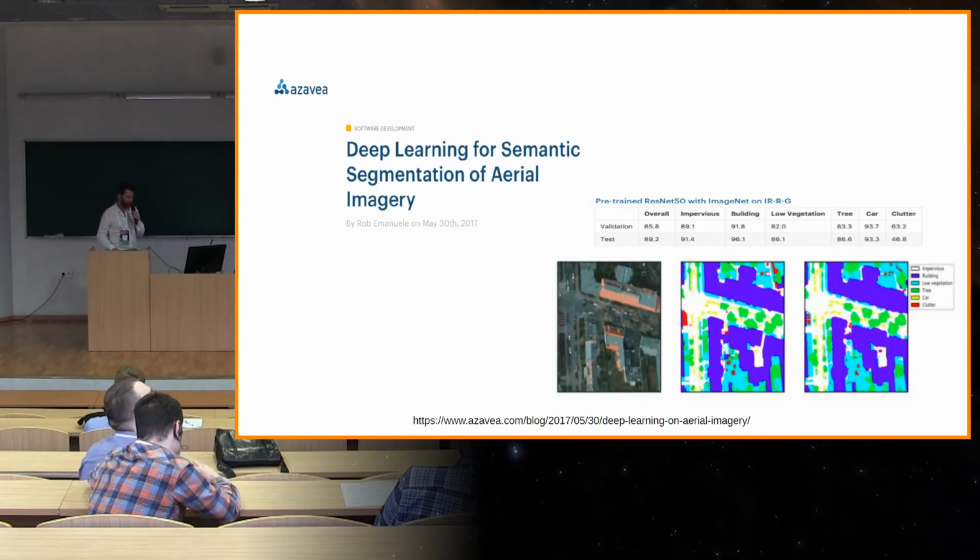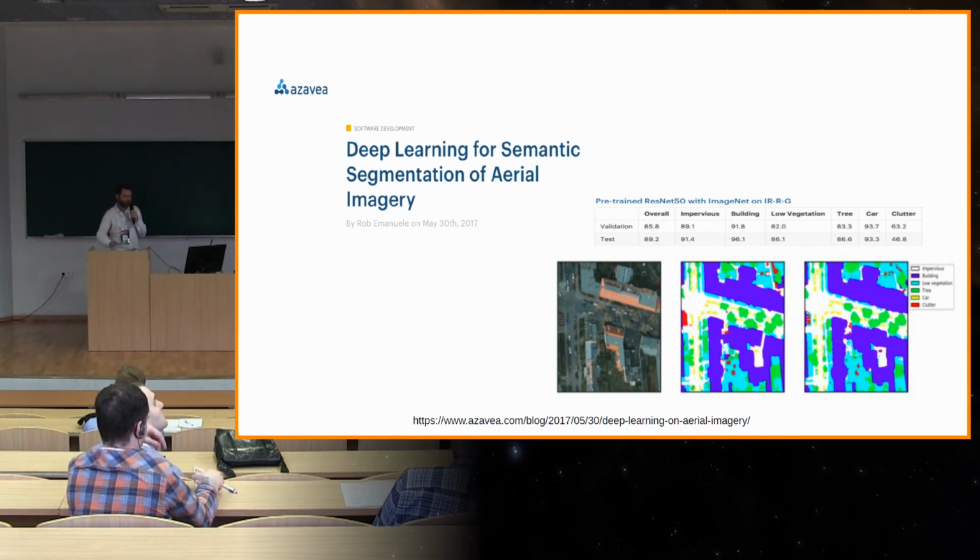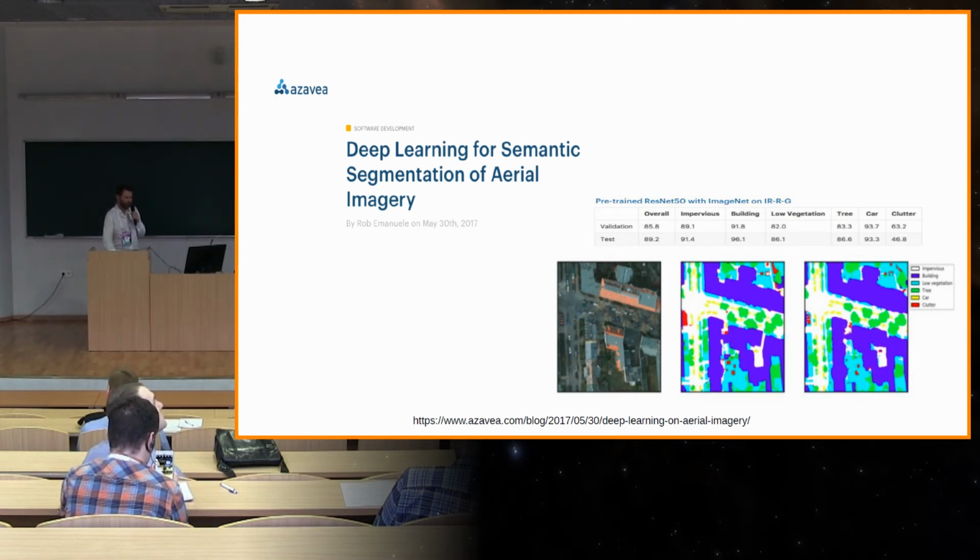And there is already some work on transforming aerial images, which can come from satellites, from drones, or from anything we fly.